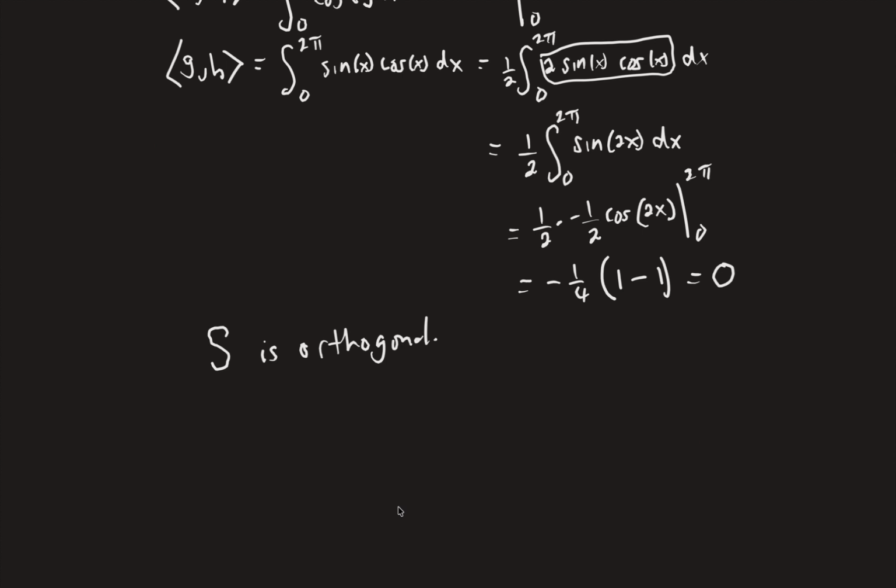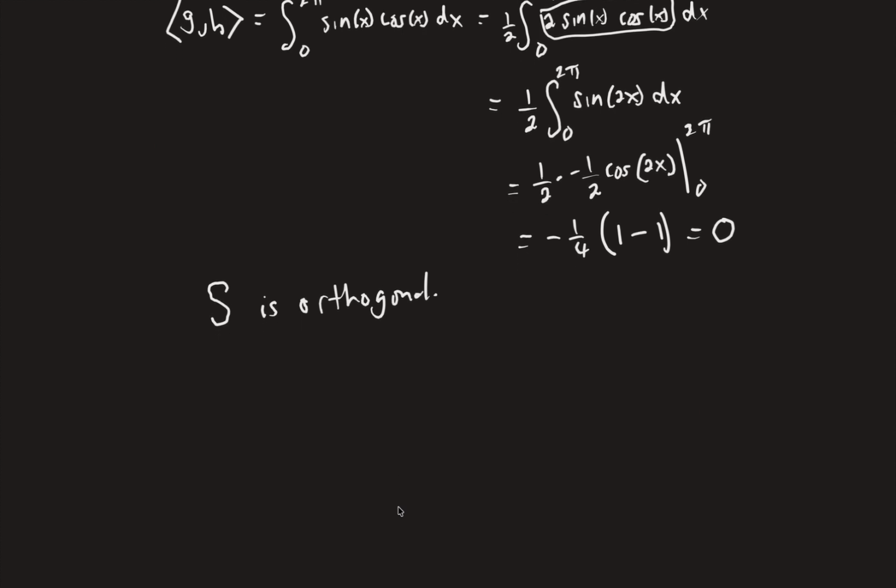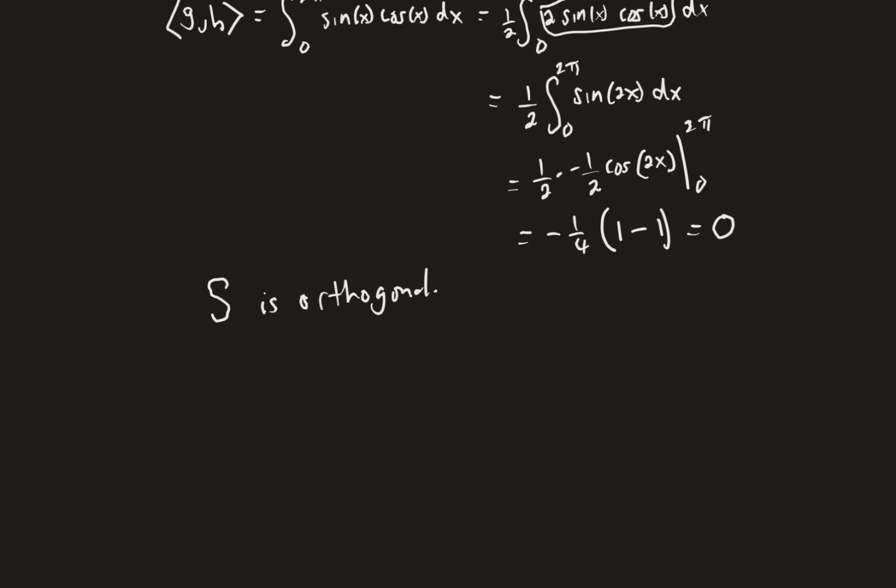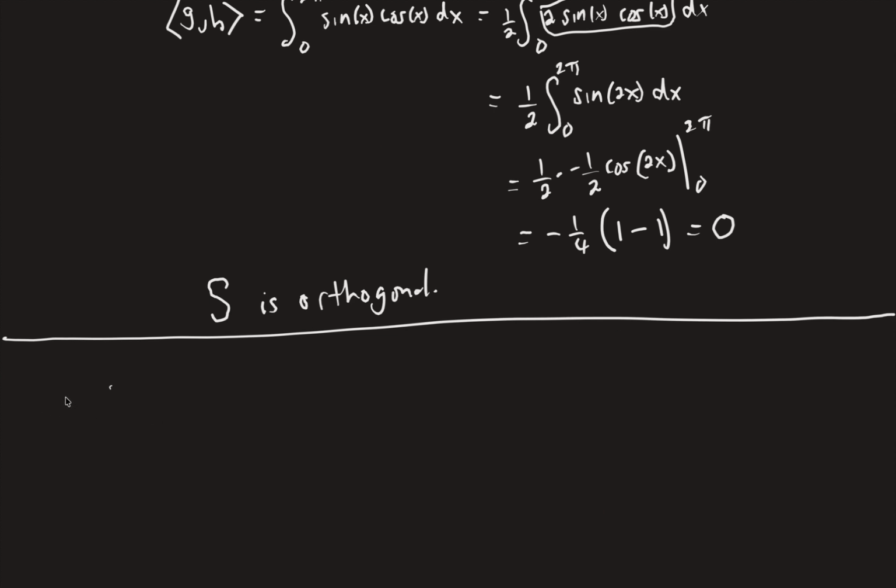And so I want to end with a theoretical result, but an important result. In fact, let me end this right here because that's the end of my example. So let me start with, let's say that S is an orthogonal set.